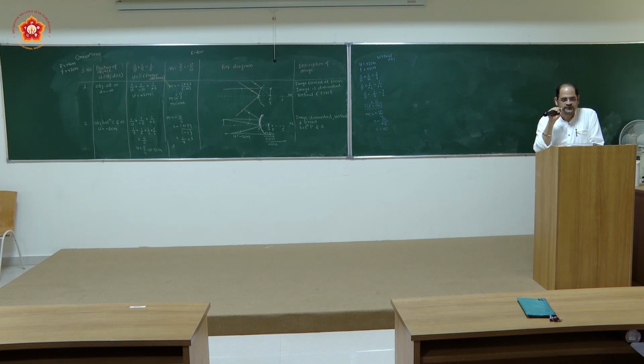Do you agree to this part? Focal length is given by R by 2, so focal length depends on the radius. Right or not? And it is independent of the wavelength of light and the refractive index of the medium.